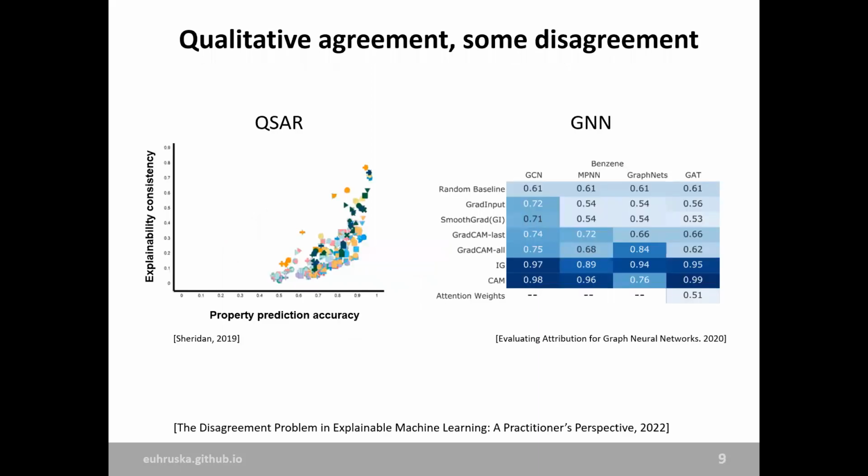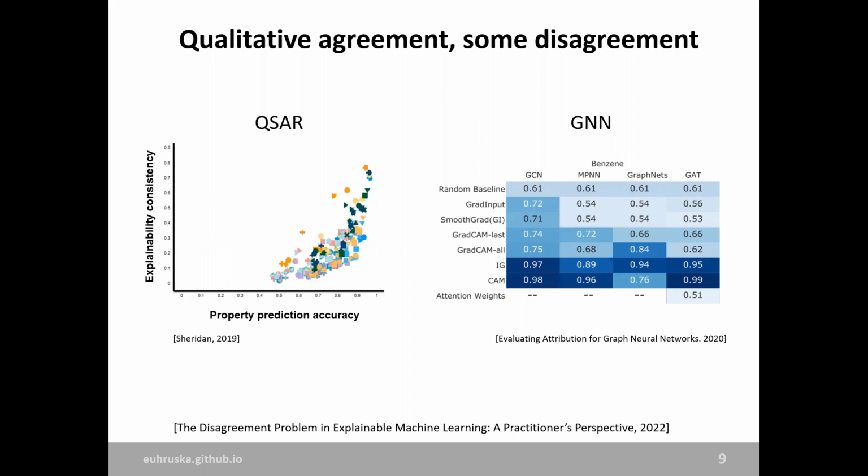But it's not always clear which is the correct explanation. In fact, there are different studies looking both for the more chemical driven, which is the QSAR, and more the graph neural network driven explanations, where different kinds of approaches are compared for different kinds of data sets. And there is qualitative agreement, but also disagreement.